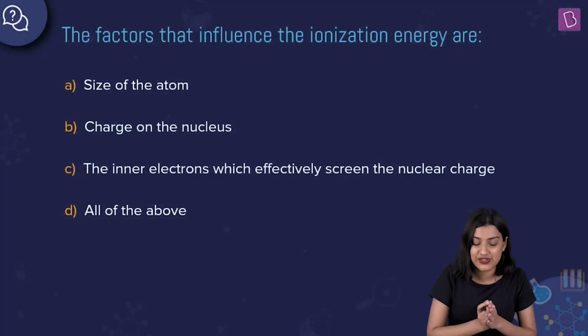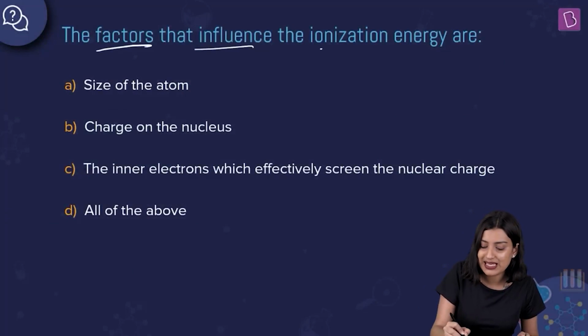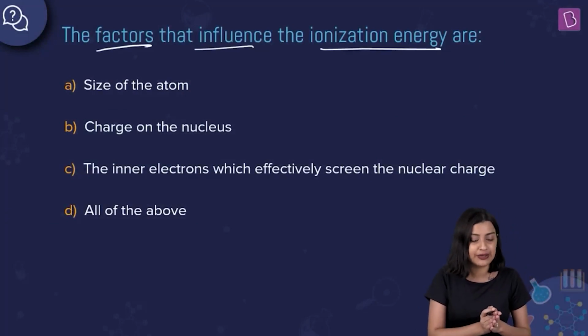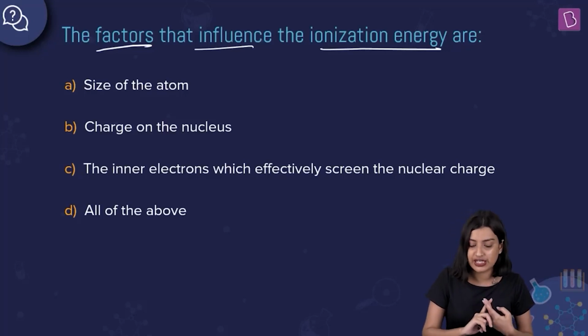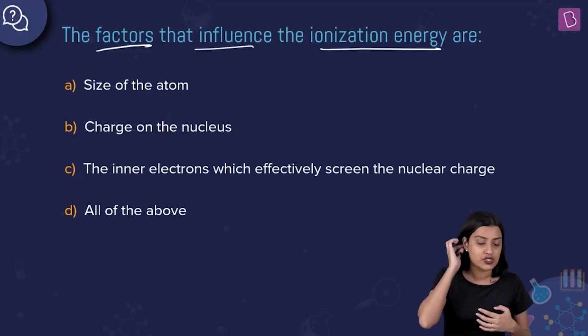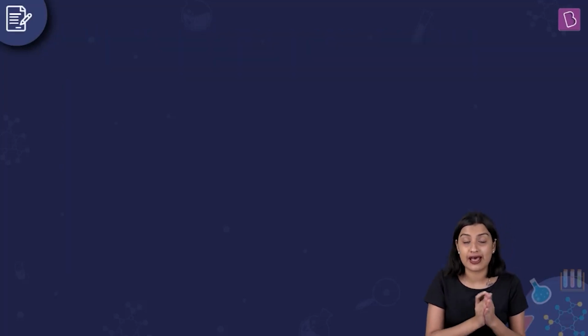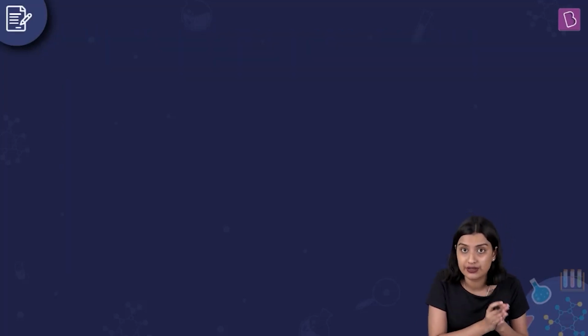Alright, so take a look at this question. Here they're asking us for the factors that influence the ionization energy. Okay, so you have option A, size of the atom, option B, charge in the nucleus, option C, inner electrons which effectively screen the nuclear charge, option D, all of the above. Okay, so first let's talk a little about the ionization energy trend as we observe it in the periodic table.